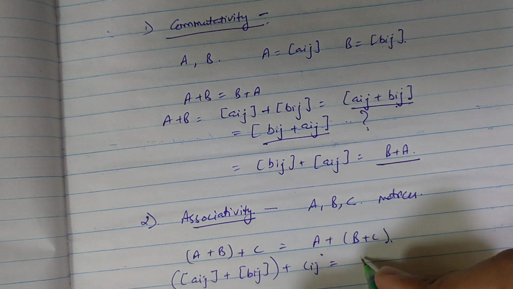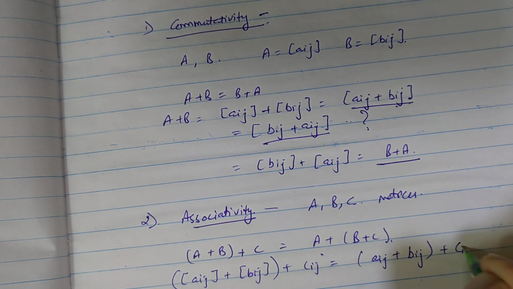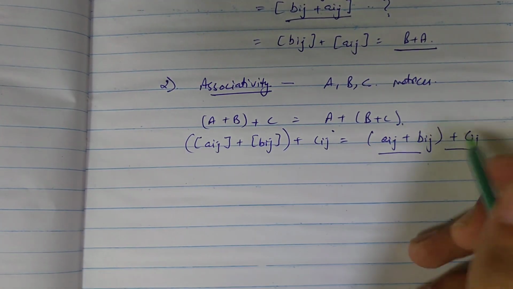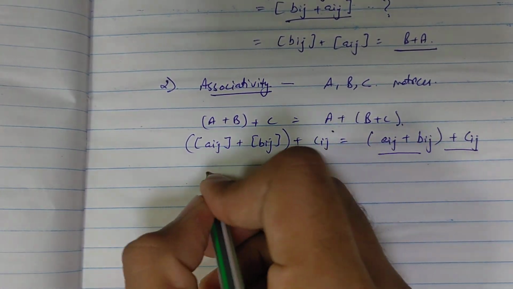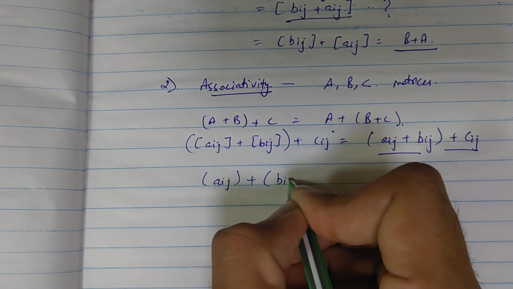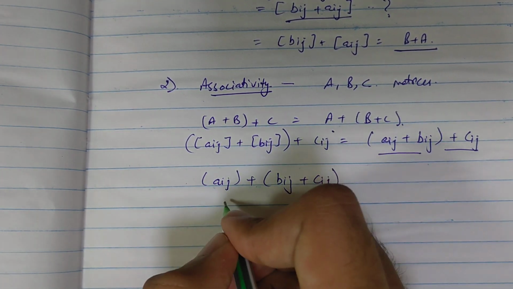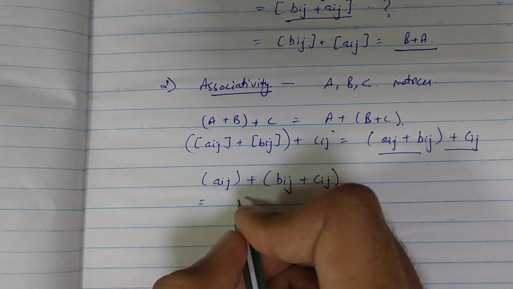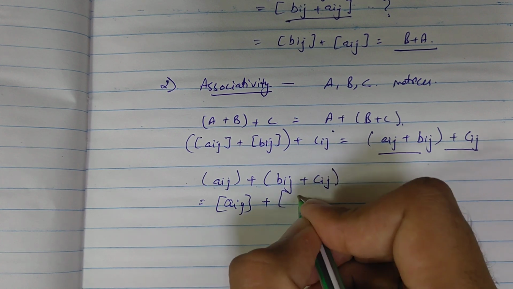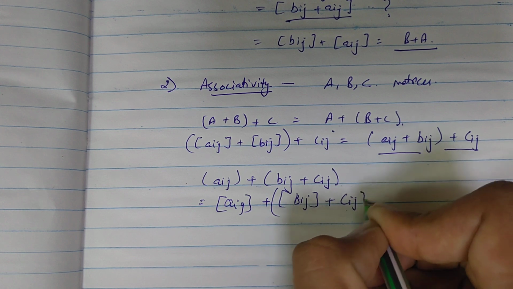So these are all numbers, and numbers hold associativity, so we can write it like this: Aij plus (Bij plus Cij).